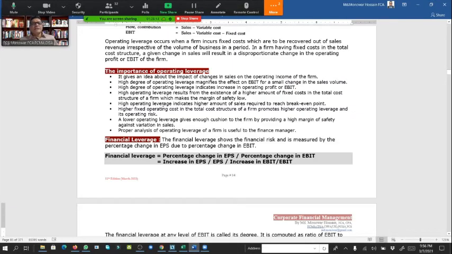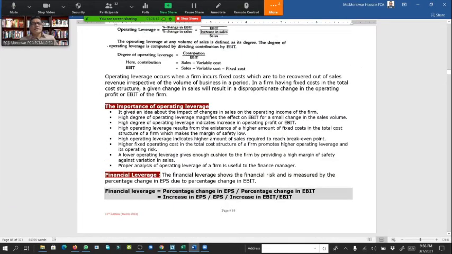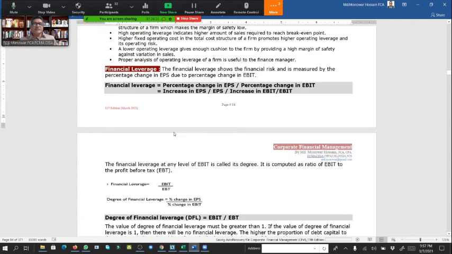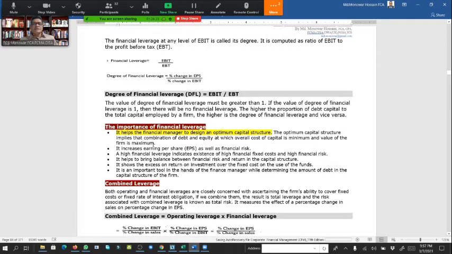And operating leverage gives an idea about the impact of change in sale on the operating income of a firm. Just by changing the sale unit, what effect comes here? And financial leverage helps the manager or investor to choose the optimum capital structure.